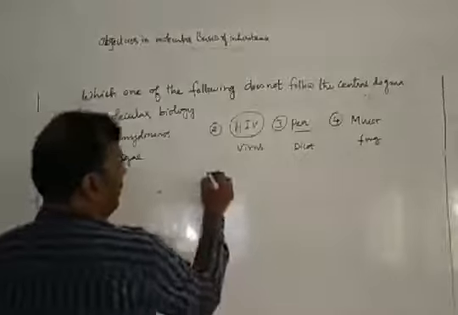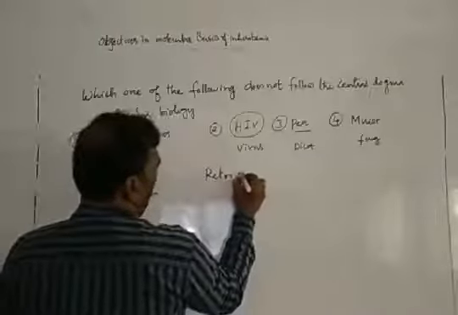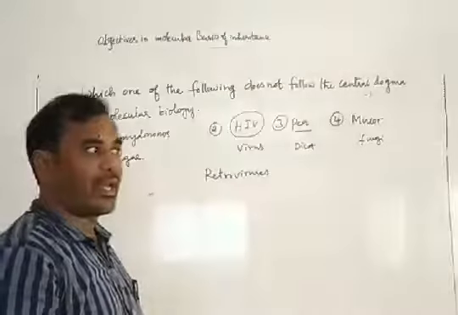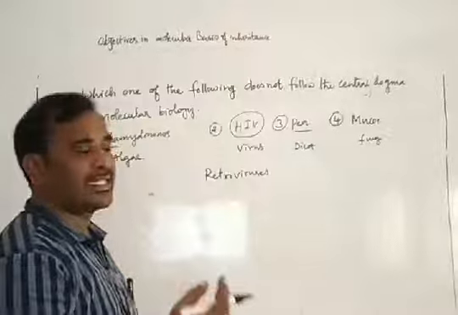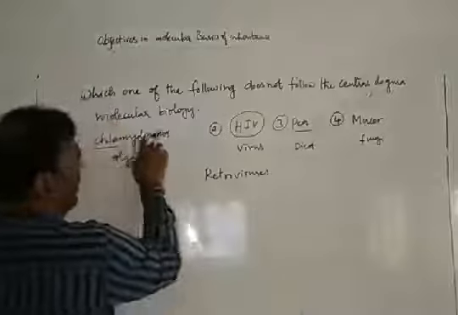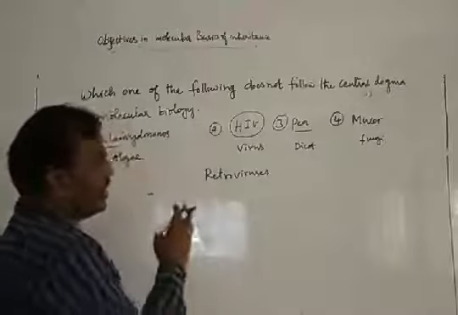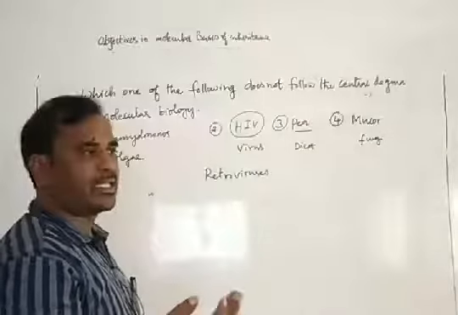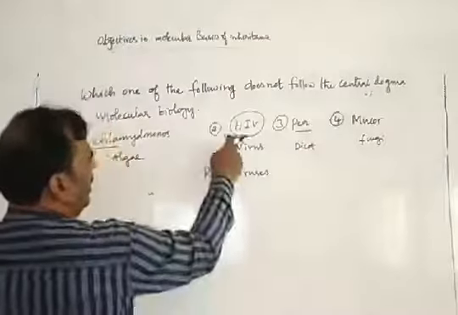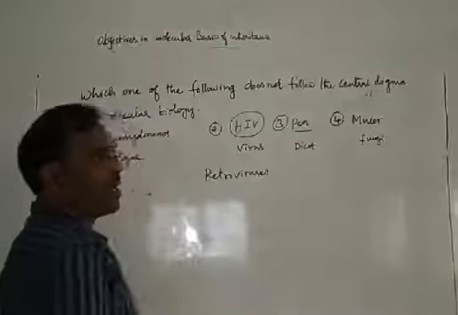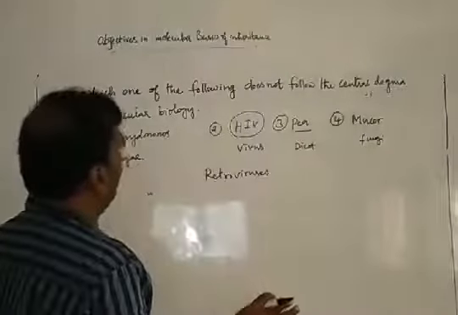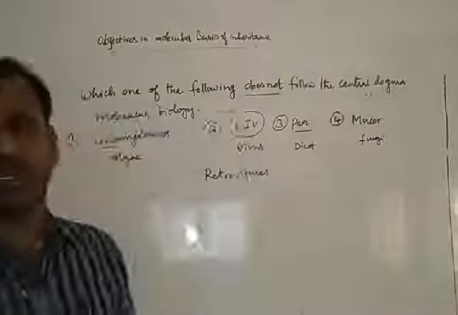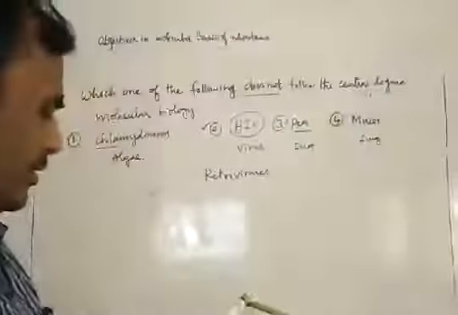HIV is a virus, and retroviruses follow the reverse central dogma: here RNA can synthesize DNA. But the remaining three organisms follow the central dogma: DNA synthesizes mRNA, which synthesizes protein. So the answer is HIV, the second option. Next.